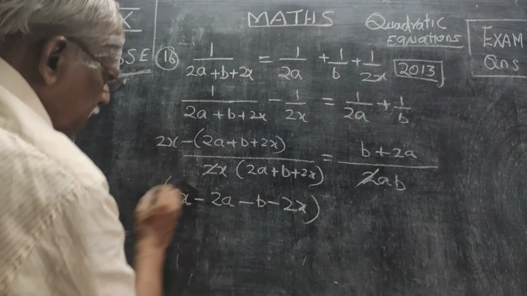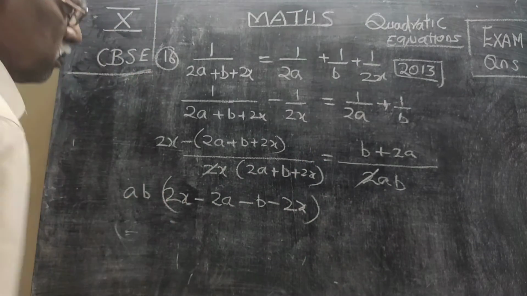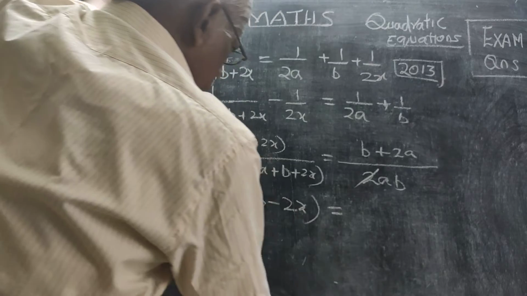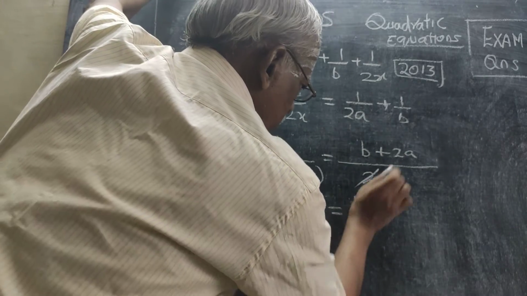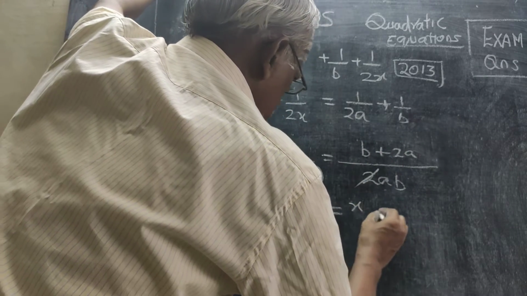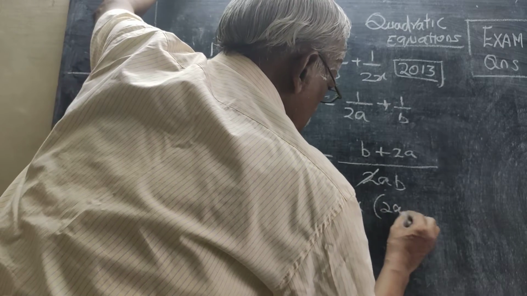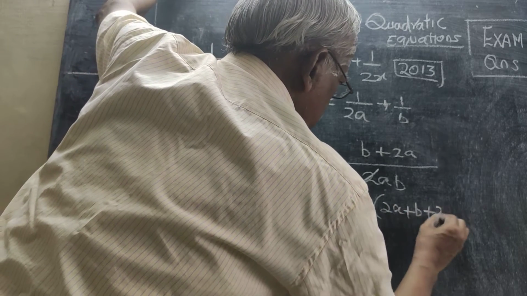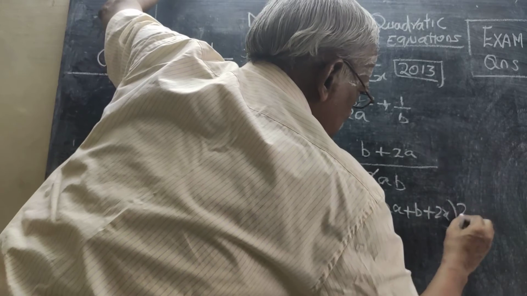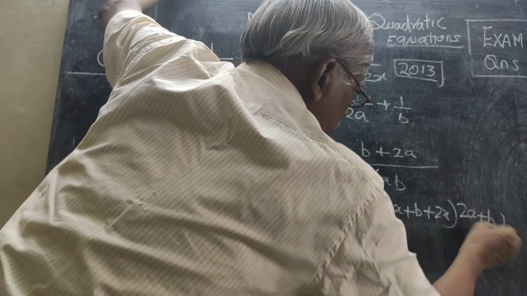I am doing the cross multiplication also. This side will be ab, and this will go here, x into (2a + b + 2x), and whatever be the factor there, that is (2a + b).